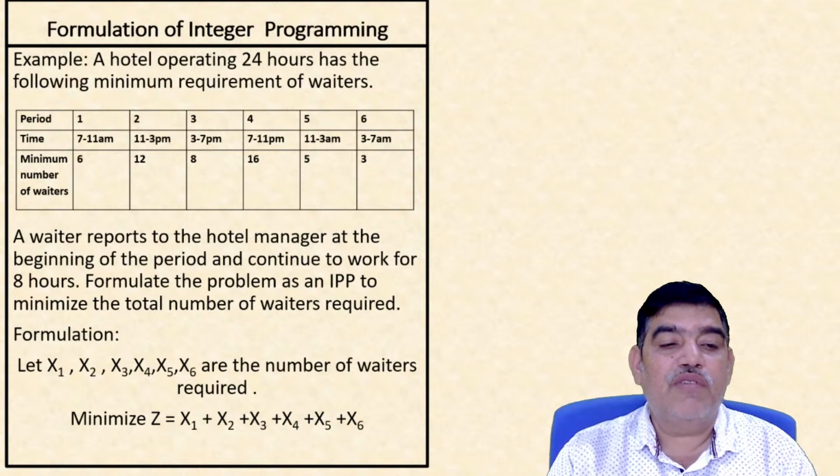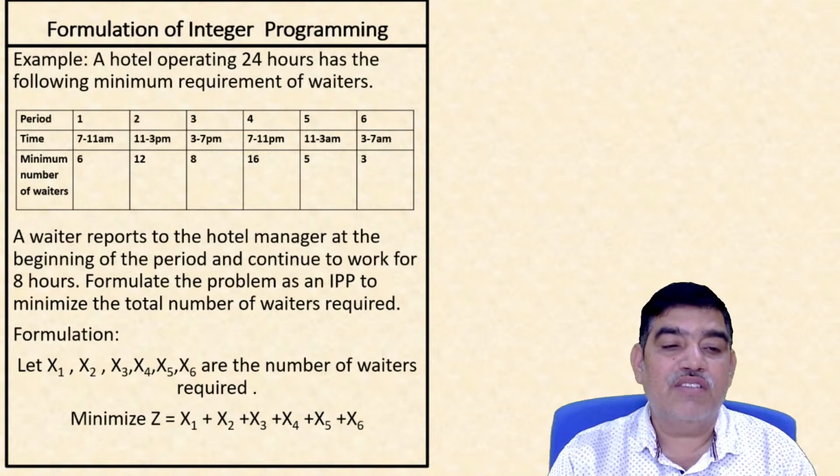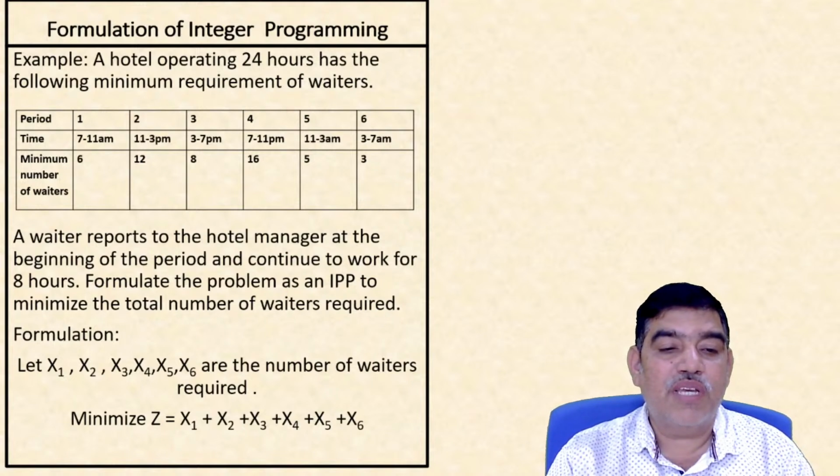And the minimum number of waiters required for period 1 is 6, for period 2 it is 12, for period 3 it is 8, for period 4 it is 16, for period 5 it is 5, and for period 6 it is 3. As per the question, a waiter reports to the hotel manager at the beginning of a period and continues to work for 8 hours.